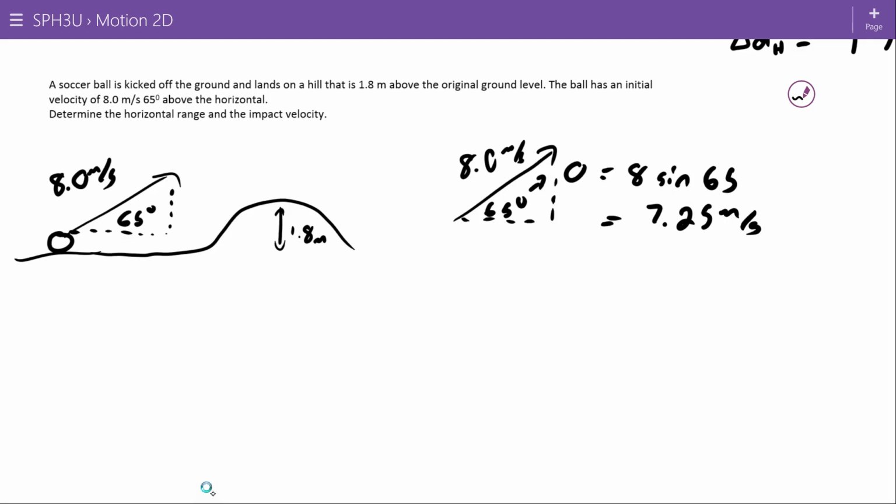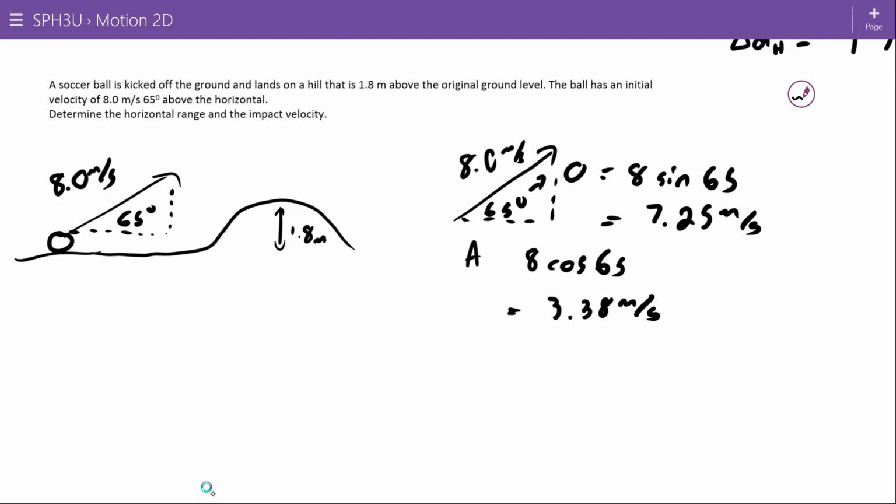Our adjacent side is going to be 8 cos 65, which works out to 3.38. So there we go, that's the initial velocity in the vertical and horizontal direction totally separately.